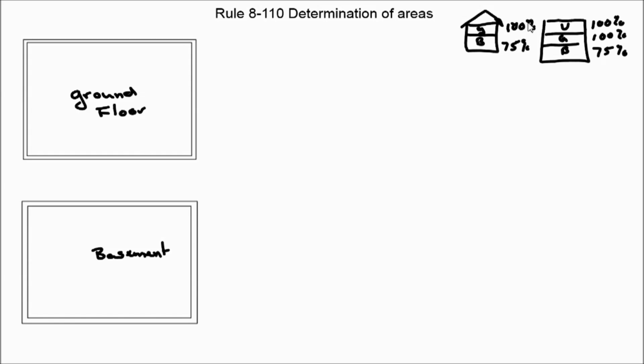So we're going to add some measurements here, and we're going to say that this house is 10 meters by 7 meters outside dimensions. Now again, the rule says to look at inside dimensions. So we're trying to figure out in between these 2 points and these 2 points here.